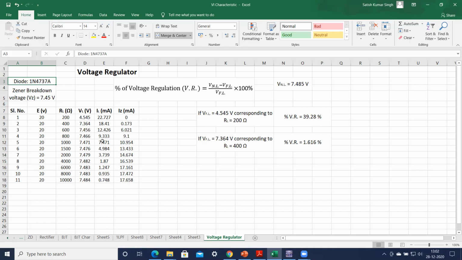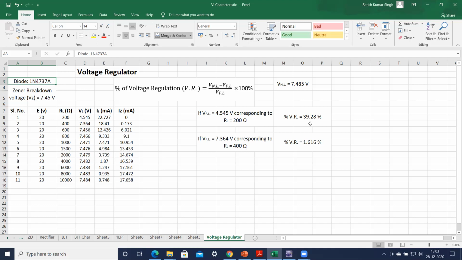And after a certain point the voltage remains constant. See, 9.33, the current is changing to 9.471, but this voltage remains constant. So it should be a constant voltage. There should be no variation of the voltage across the load. So this is the concept.